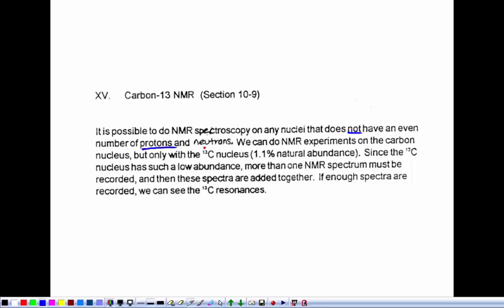But carbon-12 is 98.9% abundance of all the isotopes of carbon, and the problem is it has 6 protons and 6 neutrons, so it doesn't have an NMR signal. But there is an isotope of carbon called carbon-13, and while it's 1.1%, it has 7 neutrons and 6 protons and electrons. So it has a signal.